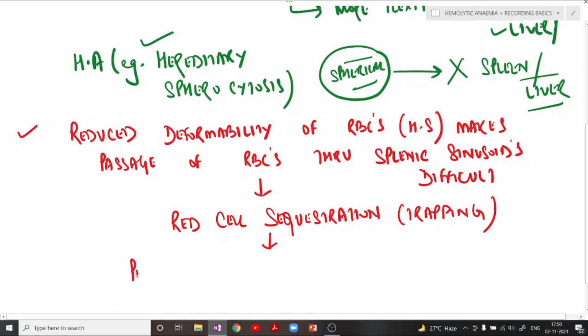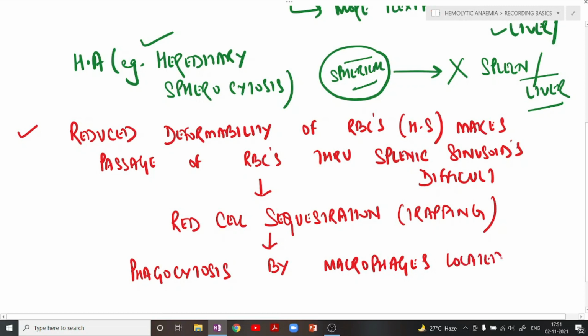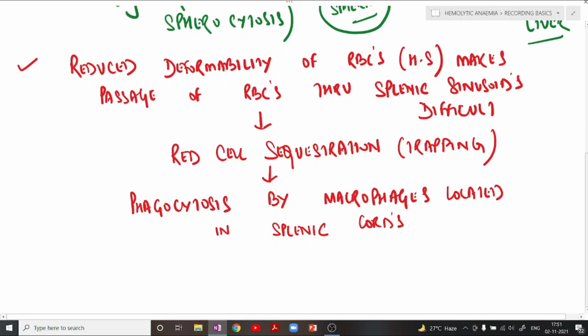So this is going to facilitate phagocytosis by the macrophages which are located in the splenic cords or sinusoids.